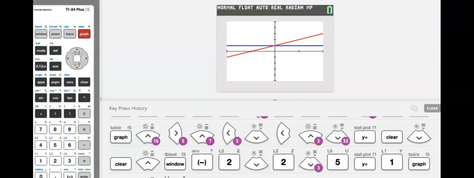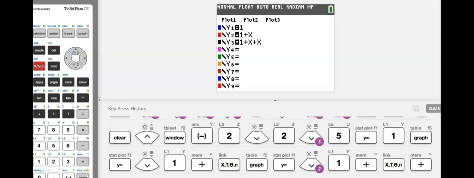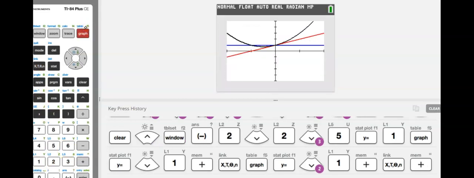The third one I'm now going to graph is going to be all of these 3, 1 plus x plus x squared. Let me do that. Let me graph that. Notice how they go through the same point at 0, 1.